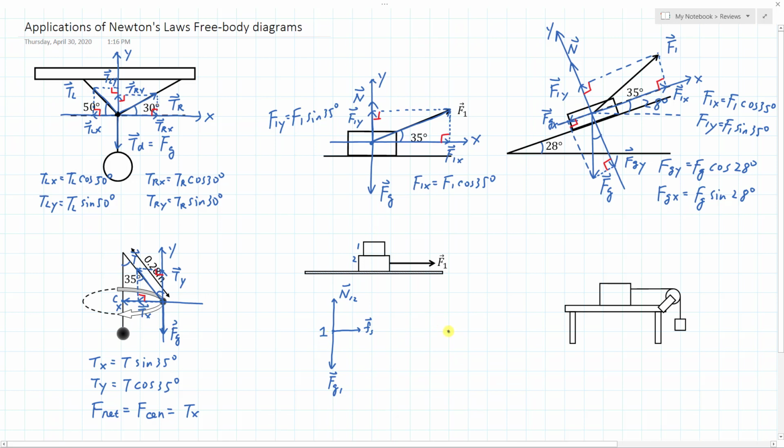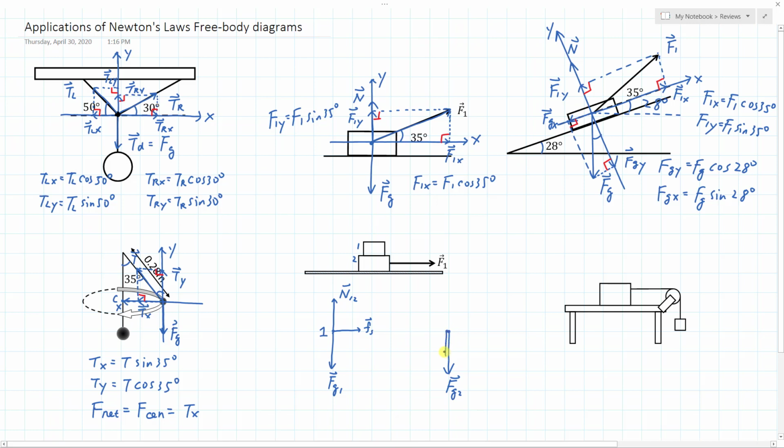Well, the bottom box feels gravity. It also feels a force from the top box. See, the top box feels support from the bottom. According to Newton's third law, the bottom pushes the top up, the top also pushes the bottom down. So there's a second force. I'll draw this as offset so that we can still see it.